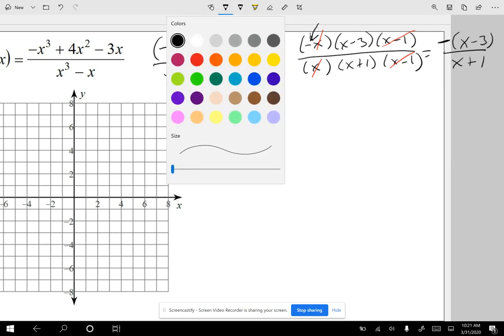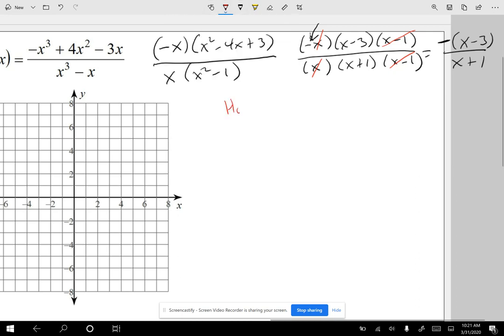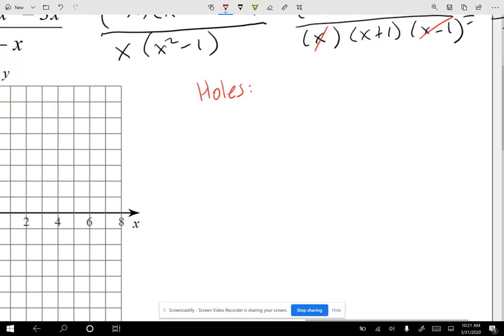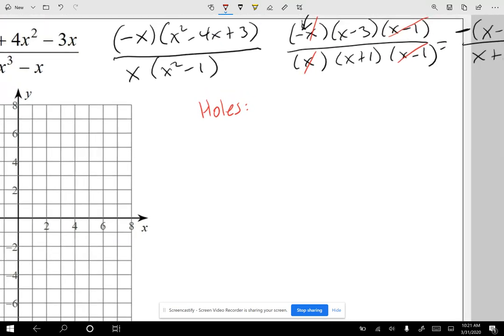All right, so I'm looking for holes. I'm looking for vertical asymptote first. Okay, so now vertical asymptote and horizontal asymptote.